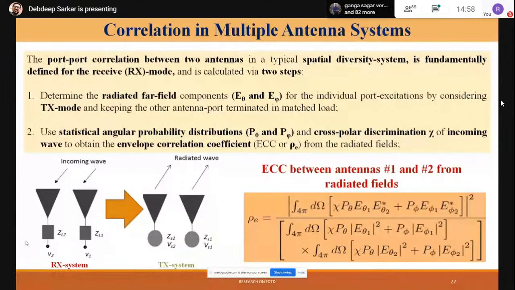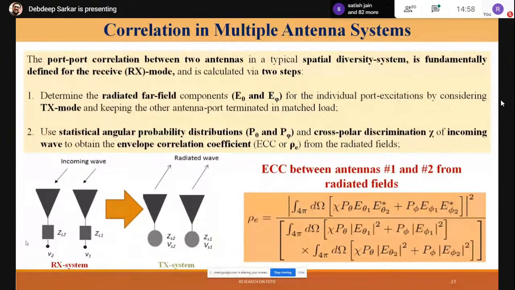So what I do is formulate an equivalent transmit system. In the equivalent transmit system, we determine the radiated far field components E theta and E phi for the individual port excitations by considering the transmit mode and keeping the other antenna port terminated in a matched load.